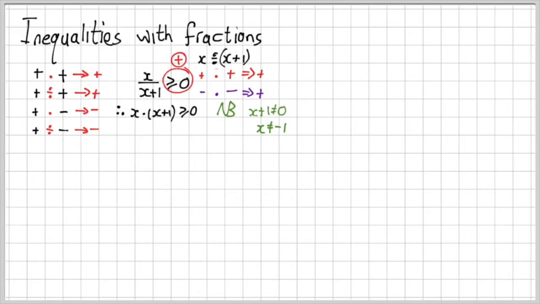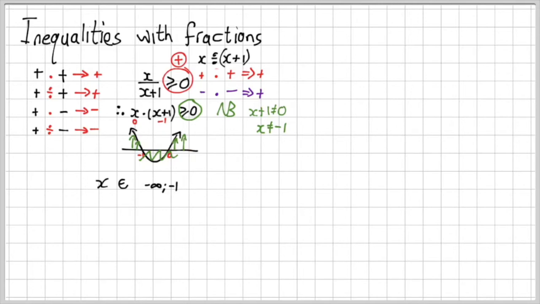So let's continue with this sum as if it now is a times instead of a divide. And let's draw our sketch with our roots being 0 and negative 1. And it's a smiling parabola that needs to be larger or equal to 0. So we cross out the negatives. That leaves me with those two sets of answers. x could be from negative infinity to negative 1.